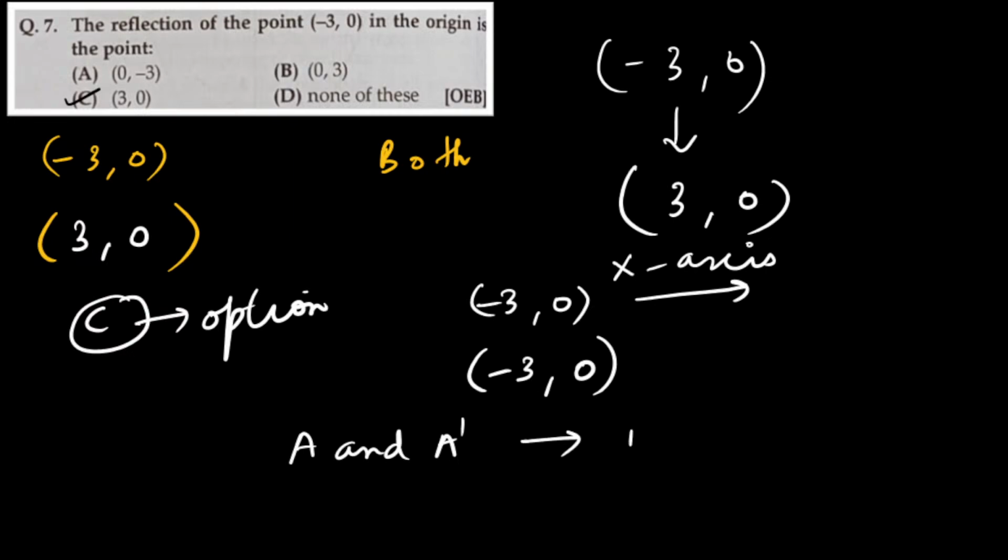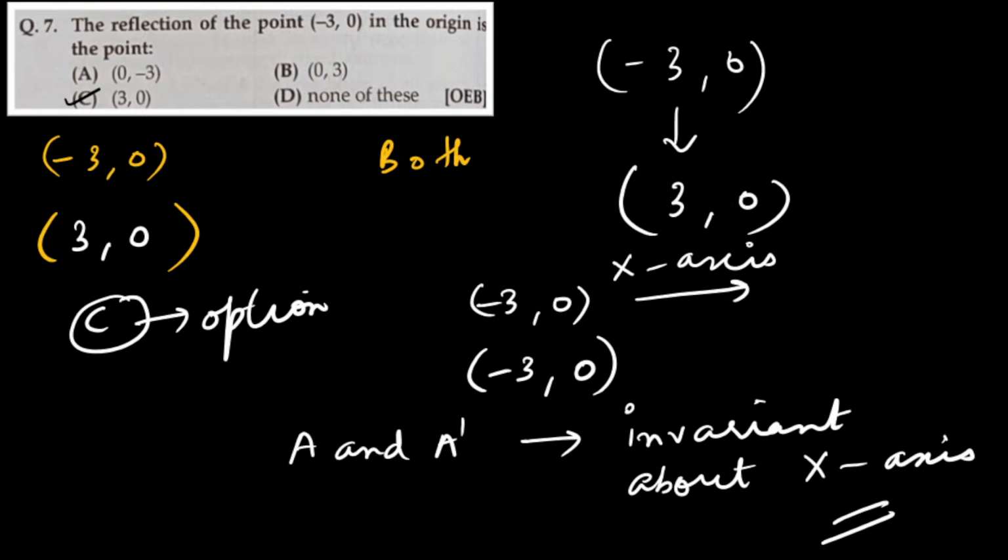So that means this point is invariant about x-axis. This is what you have to remember. Moreover, this point lies on x-axis. This is of this form, x comma 0. Okay, let's do next question.